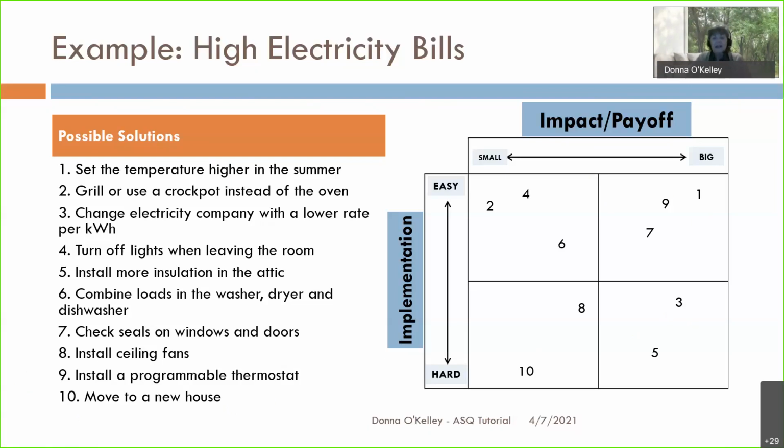So as you can see up in the upper right-hand corner of the PICK chart is number 1, which just happens to be set the temperature higher in the summer. So number 1, number 9, install a programmable thermostat, or 7, check the seals on your windows and doors.